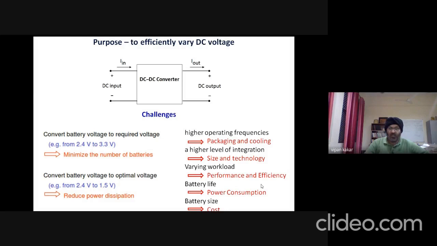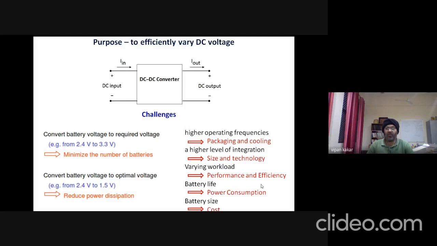Another challenge, higher level of integration. If we want to have an intelligent DC to DC converter, so making this circuit an intelligent circuit requires a different set of components, may have some increase in size, and may demand a new technology or state-of-the-art or advanced technology.